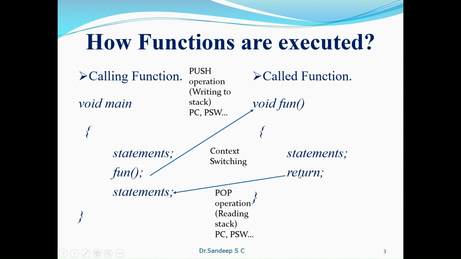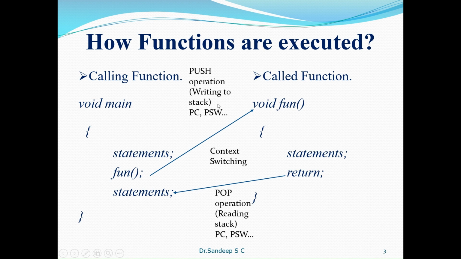After completing the execution, the return statement indicates it has to come back to the calling function. While coming back, it has to read all the data we stored while going to the function. That is called the pop operation. Push operation is to write into the stack. Pop operation is to read from the stack.